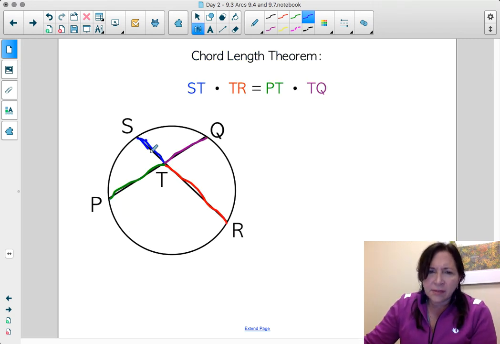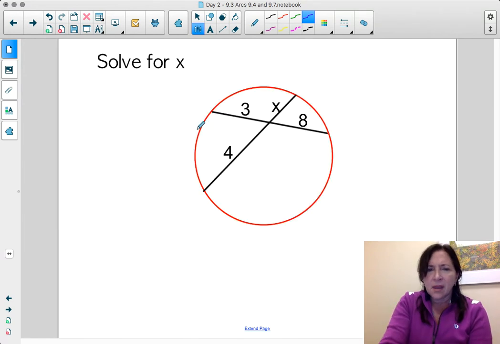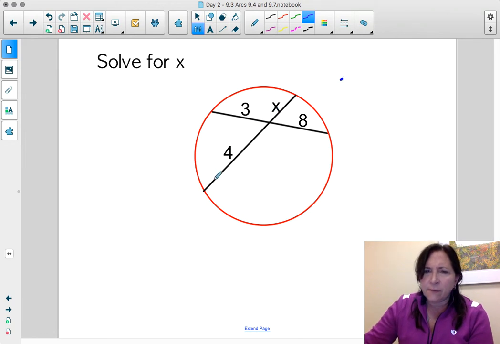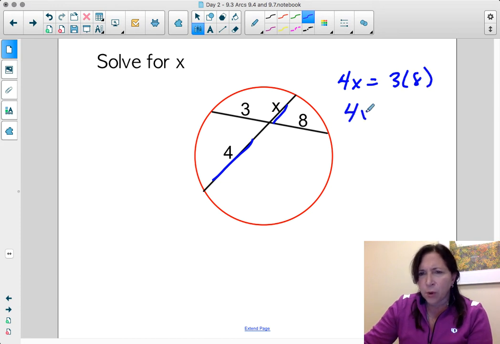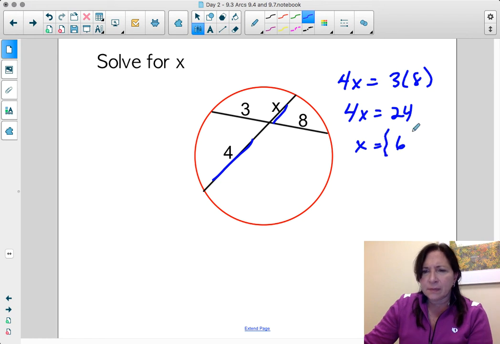Again, this length times this length is equal to PT times QT. So solving for X, we'd go 4 times X equals 3 times 8. So we have 4X equals 24, divided by 4, X equals 6.